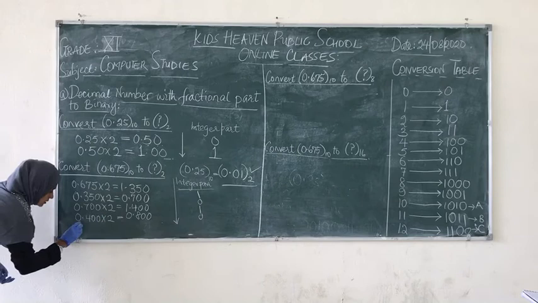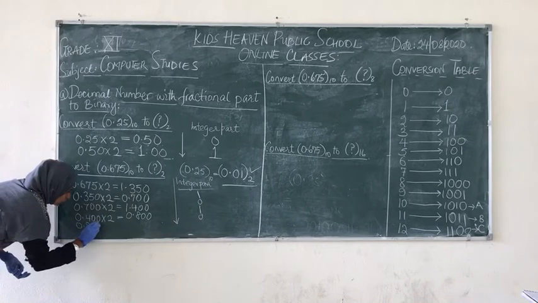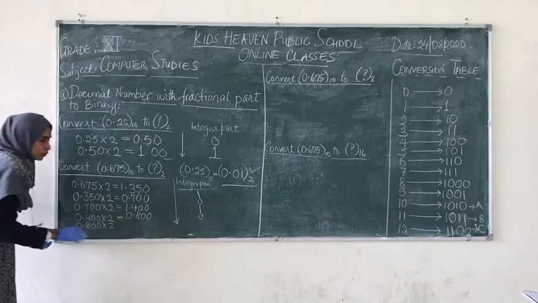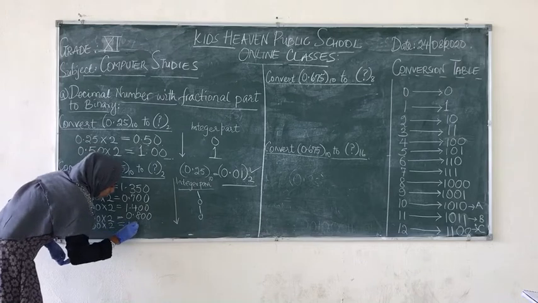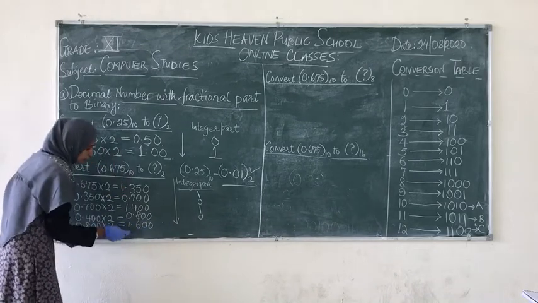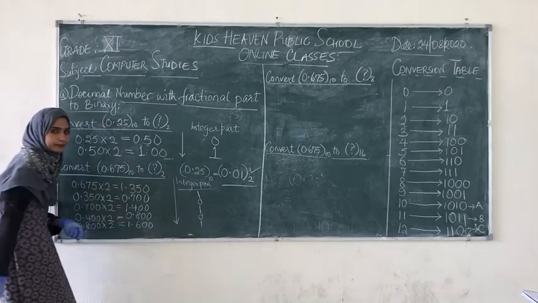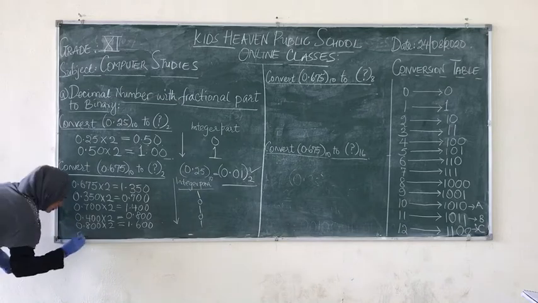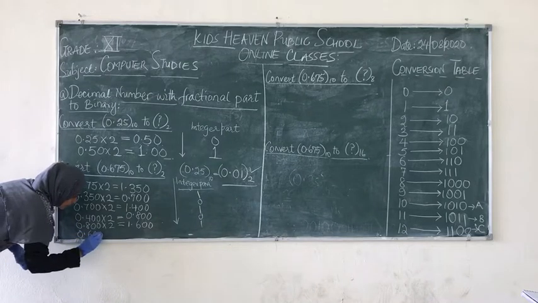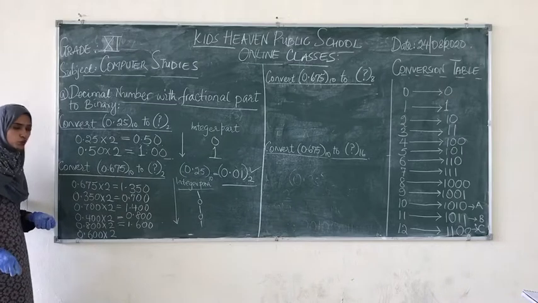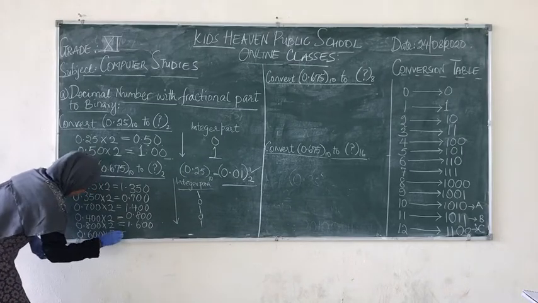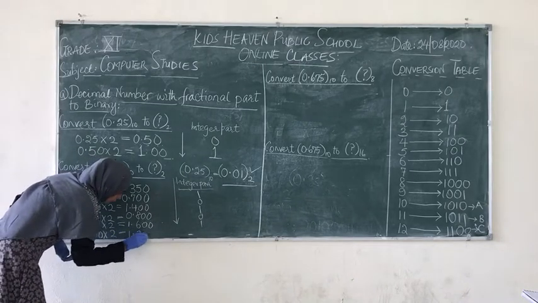Then we pick 0.800 multiplied by 2, which is equals to 1.600. The integer part here is a 1. Then we have 0.600 multiplied by a 2, which is equals to 1.200.